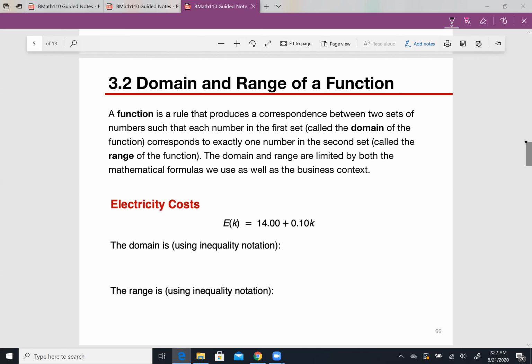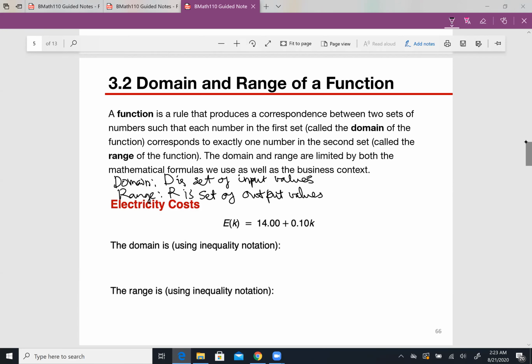So in short, the domain, denoted by D, is a set of input values, and the range, denoted by R, is a set of output values.